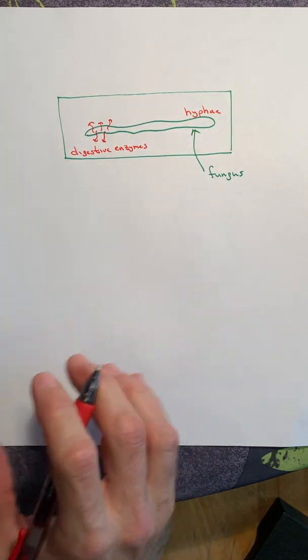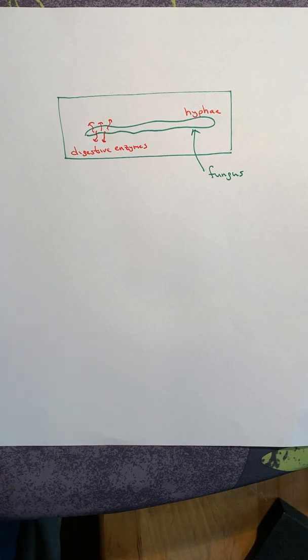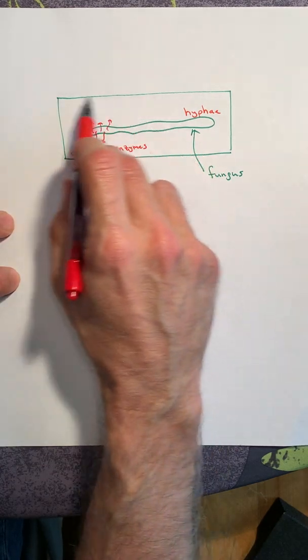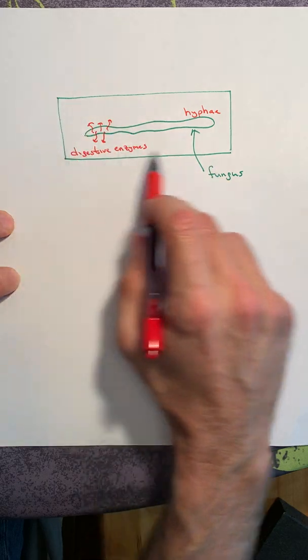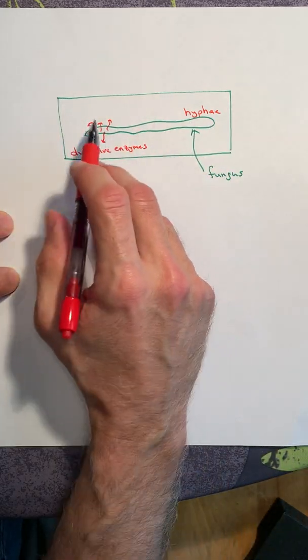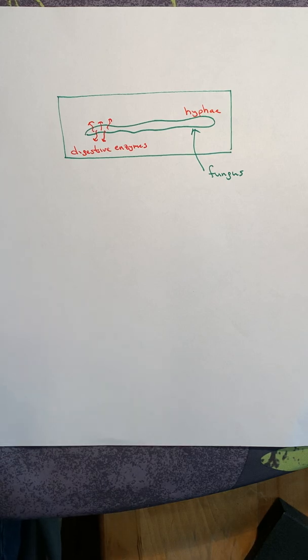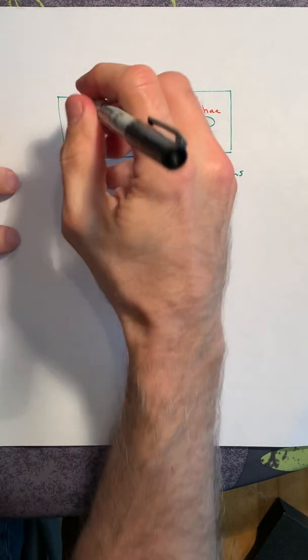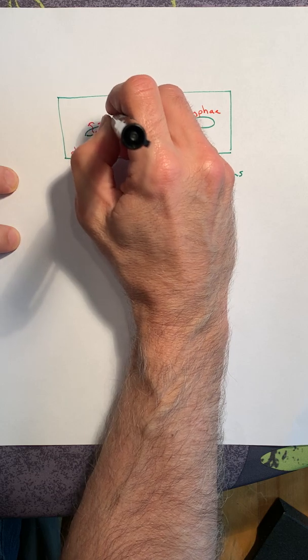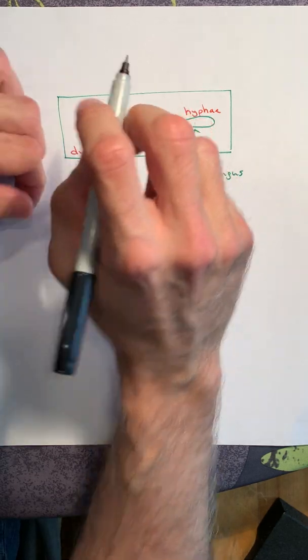And as the digestive enzymes diffuse out into whatever this could be, a block of cheese, a slice of bread, the macromolecules are digested. Thus, digestion occurs externally, and then the nutrients are absorbed by the fungus.